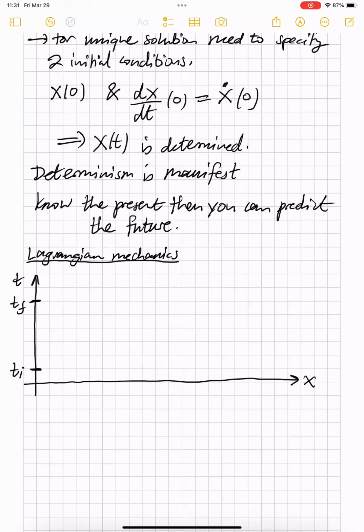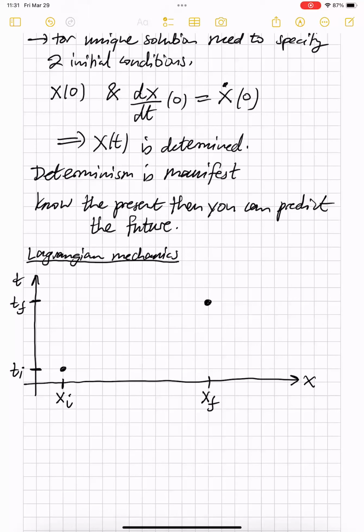In Newton's laws, we specified two initial conditions. Here, we're going to specify one initial condition. So the initial position, let's call that xi, and then we're going to specify a final condition. Let's call that xf. So look how different this is.